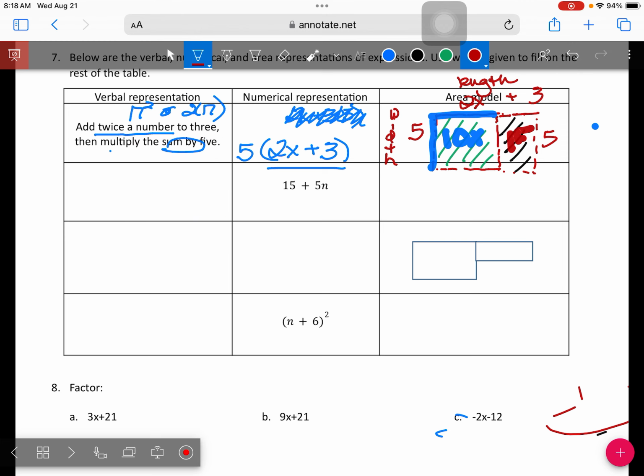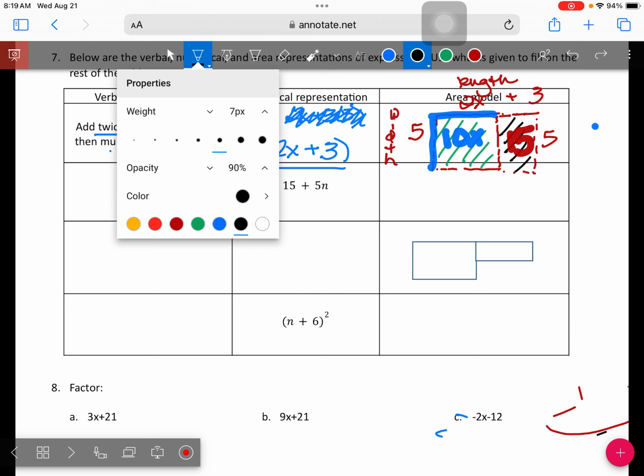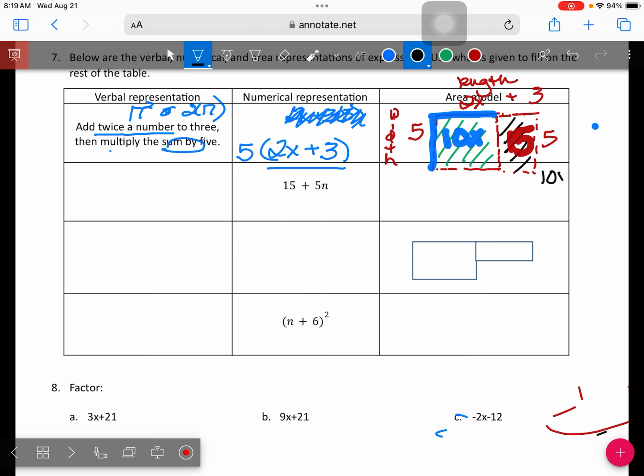So your area model, you could also write 10x plus 15. So that is your area model. You have shown it is 5 times 2x plus 3, and you've also shown that it is that sum of areas. Questions on that one?